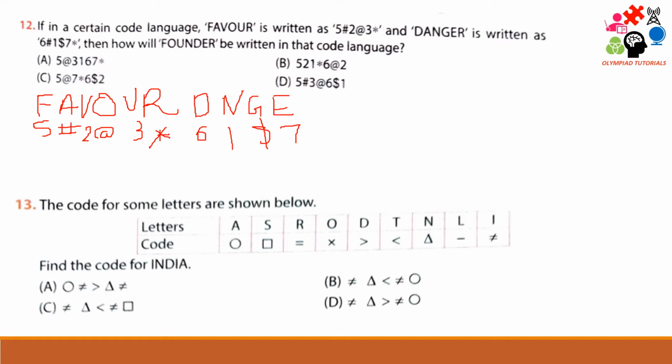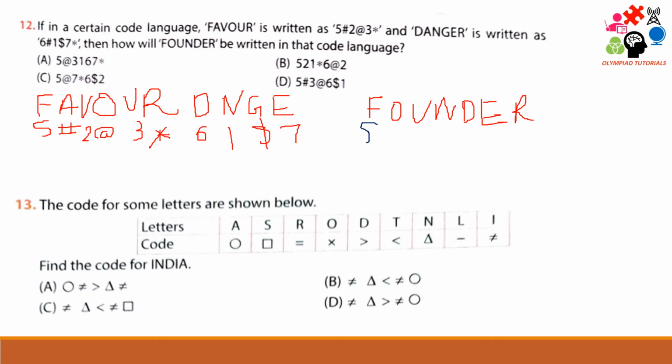So now what they have told to find? Founder. FOUNDER. So let's write down.